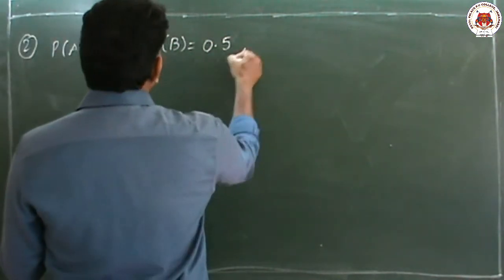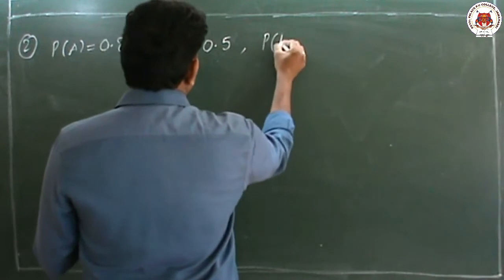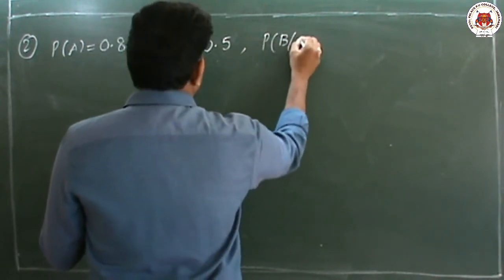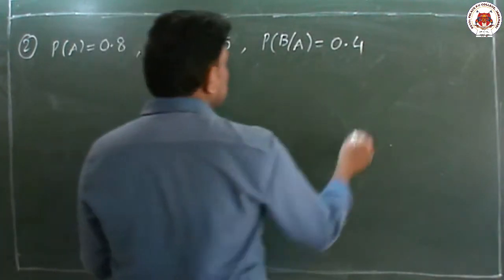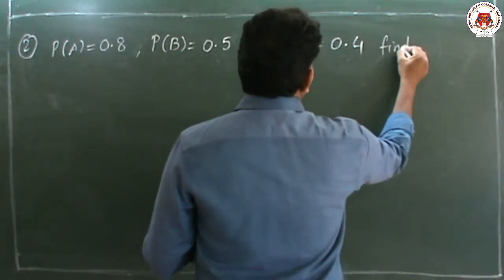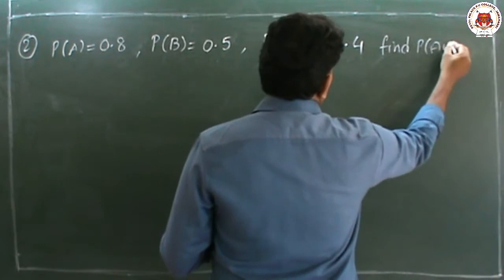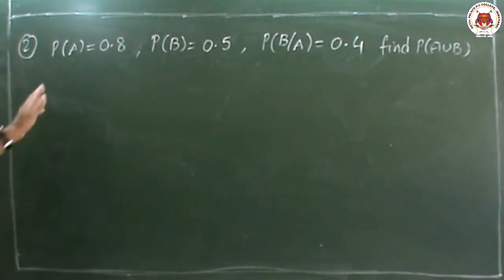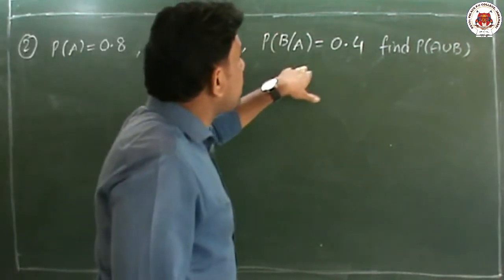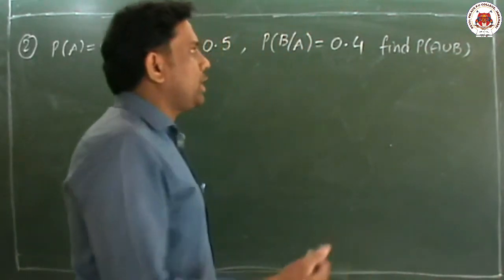Next, P of B by A is equal to 0.4. He is asking to find P of A union B. This is the question. So P of A is given, P of B is given, P of B by A is given, and he is asking for P of A union B.